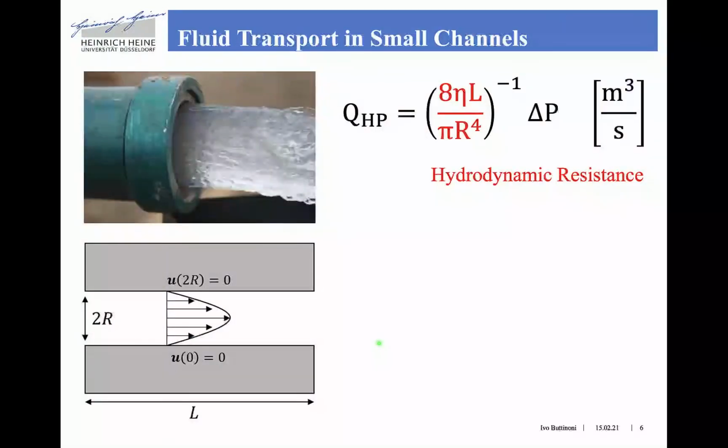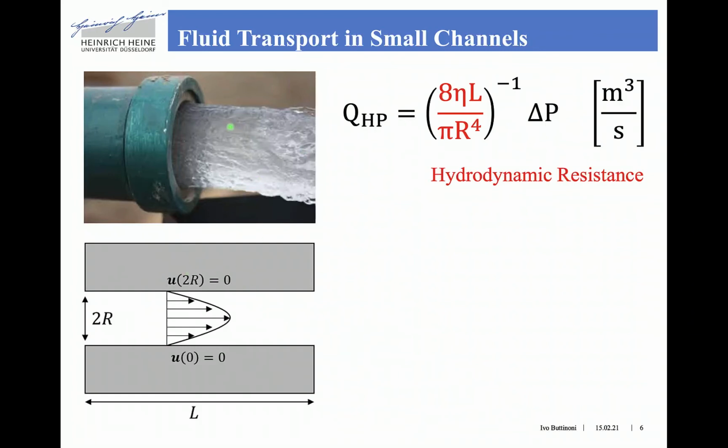Okay, so let's start. I want to begin our discussion on colloid transport with a simple experiment that has no colloids at all. Here we consider the flow of an ionic solution, such as tap water, inside a long pipe.